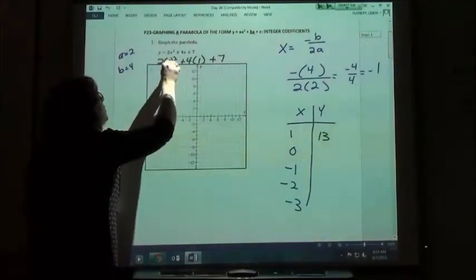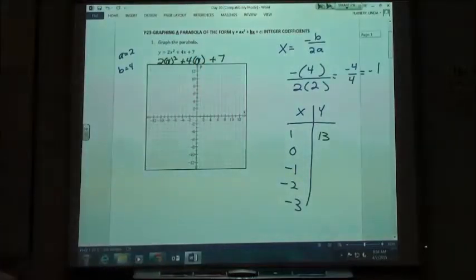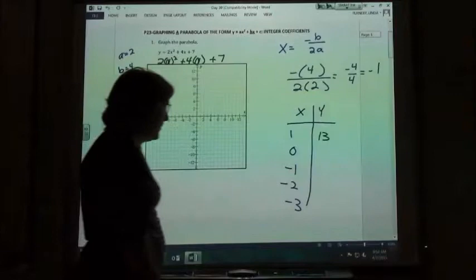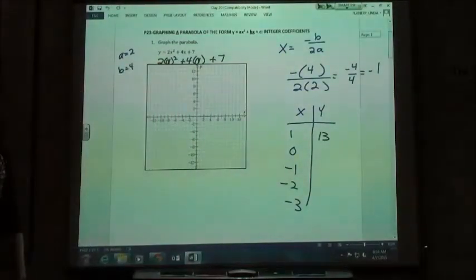Now we have to put zeros in our parentheses. So I'm going to change my 1s to zeros. So 2 parentheses 0 squared plus 4 parentheses 0 plus 7. That's 4. It is not. What did I do wrong?